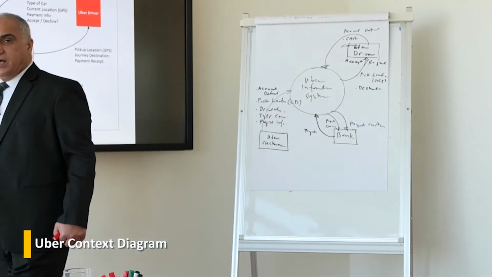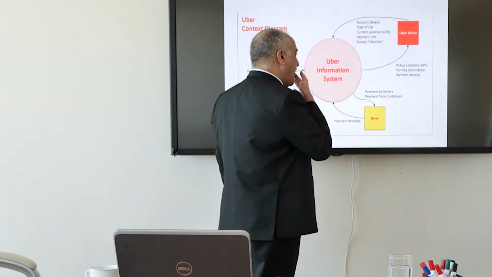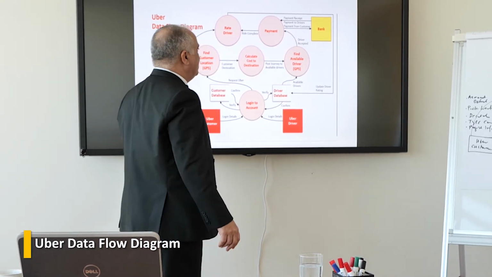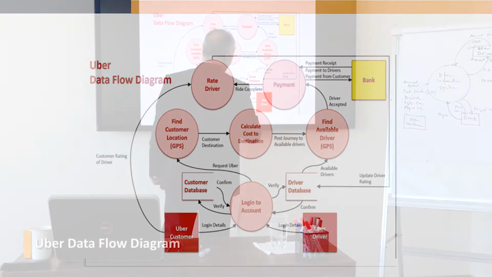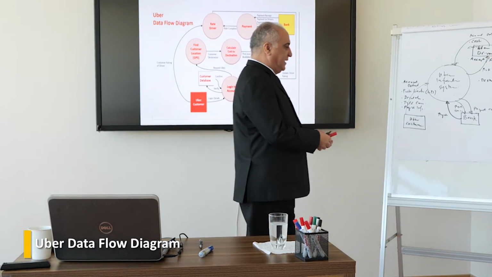This is a high-level context diagram for Uber. Now, we'll go to the detail level. So this is an Uber diagram's detail level. In other words, think about it: this is the higher level, and now we go into details. Remember, this is the context diagram.